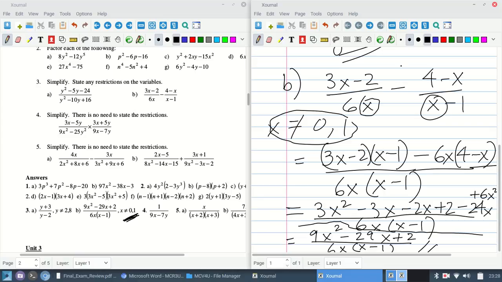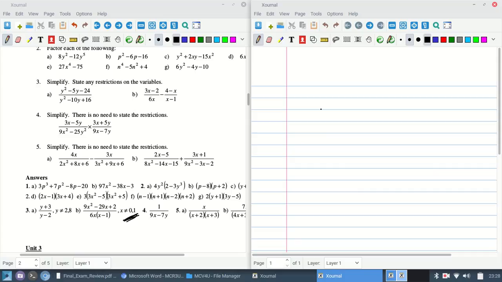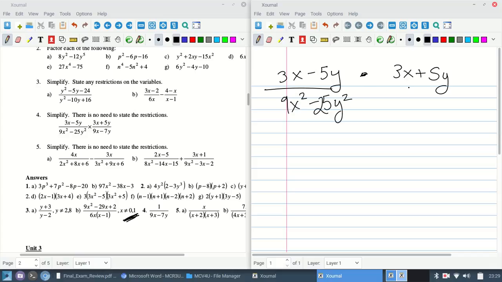Next, we just need to simplify, don't need to state any restrictions, so let's do that. So 3x minus 5y, and instead of putting a times sign, I'm just going to put a dot because that's easier for me. 25y squared, 3x plus 5y, all over 9x minus 7y.